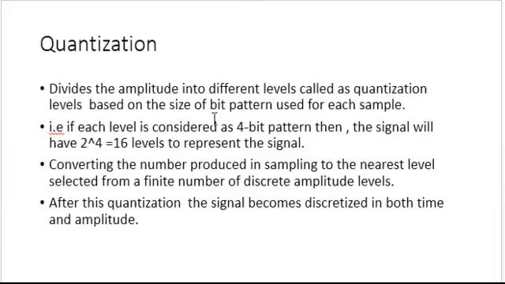To how many levels I have to split my amplitude is decided based on how you are going to represent each amplitude. If I represent the amplitude as a 4-bit pattern, then you will have 2 to the power of 4, that is 16 levels, to represent the amplitude of the signal.